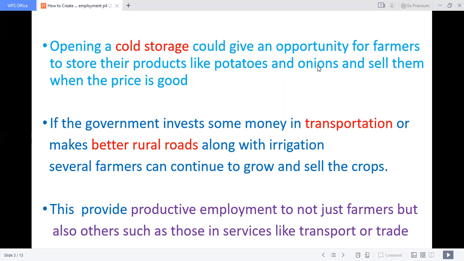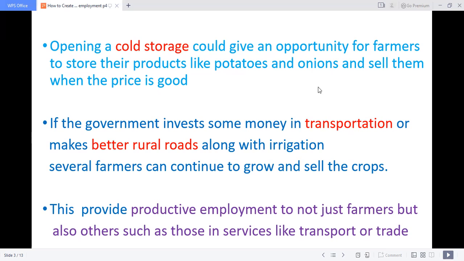Now, after 10 days, per kg 100 rupees. Because the farmers were not able to wait. If the farmer sells onion for 100 rupees per kg, he will get more yield. Why does he sell for 20 rupees? Because he does not have the storage facility, that is cold storage facility.